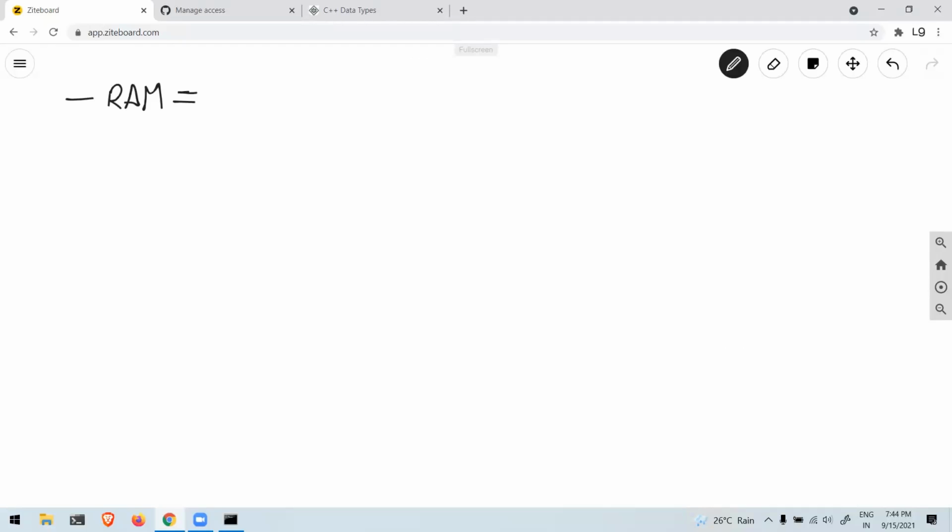Then there is a ROM. On a phone, they call it ROM. I don't know why they call it ROM. It's a wrong term, but I would call it your permanent or secondary storage. And this thing is called primary.